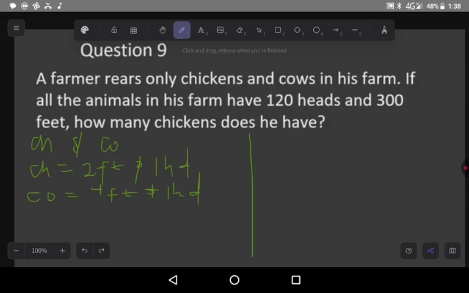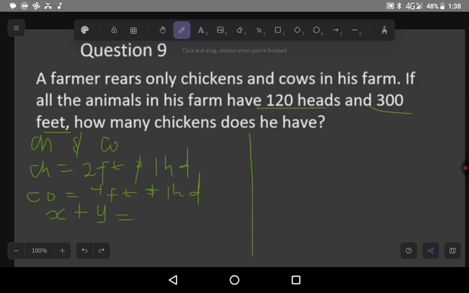Now, because the question talked about heads and feet, I'm going to form an equation with these two. Let's go to head. Chicken and cow. So let's say the chicken now is X and the cow is Y, right?